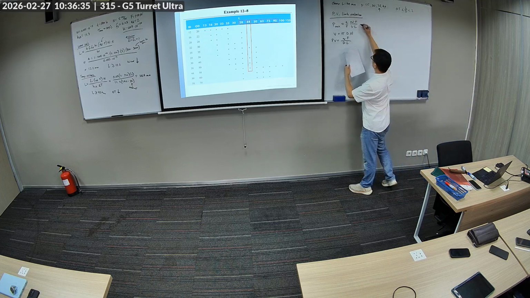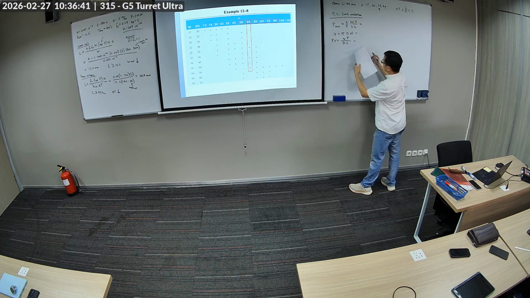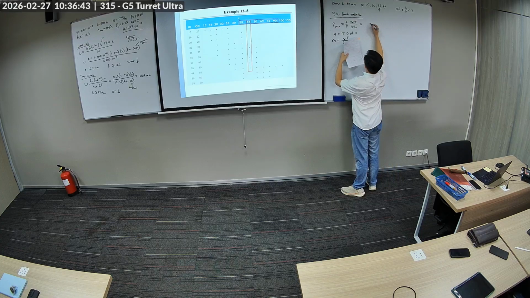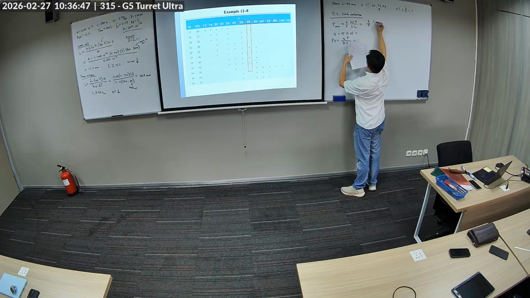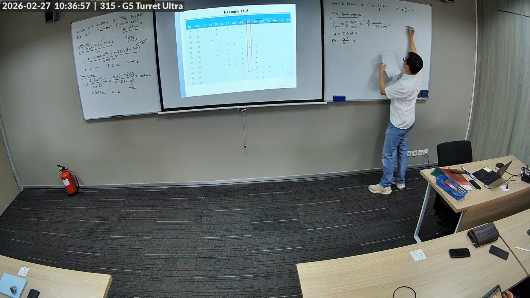I'm going to cheat here. So 4 over pi, 2 times 220, 0.038, 0.044. This will be okay.